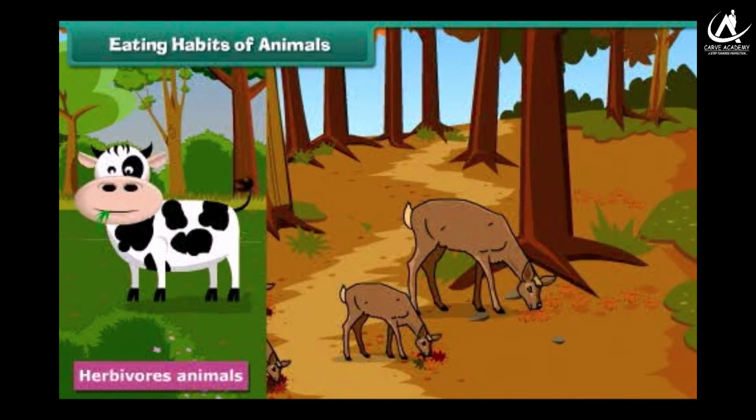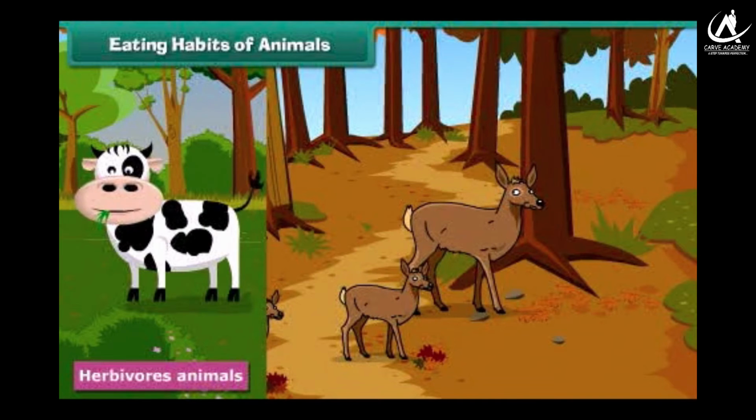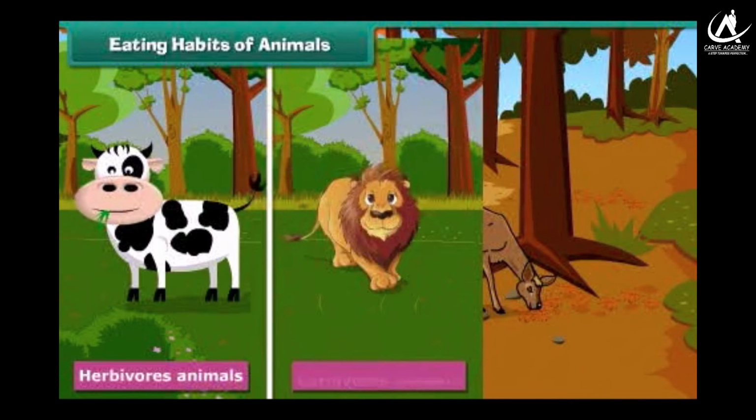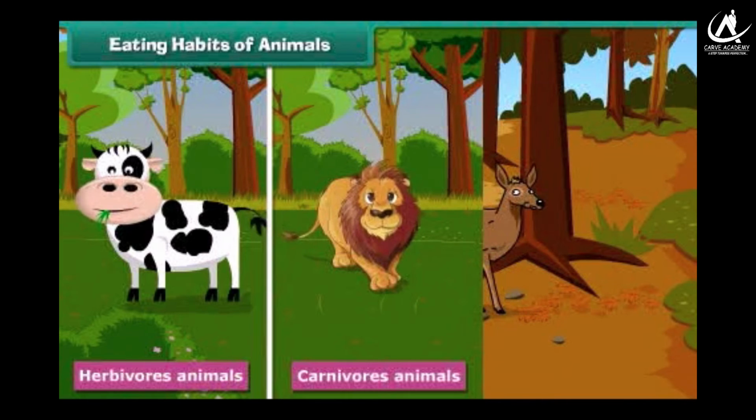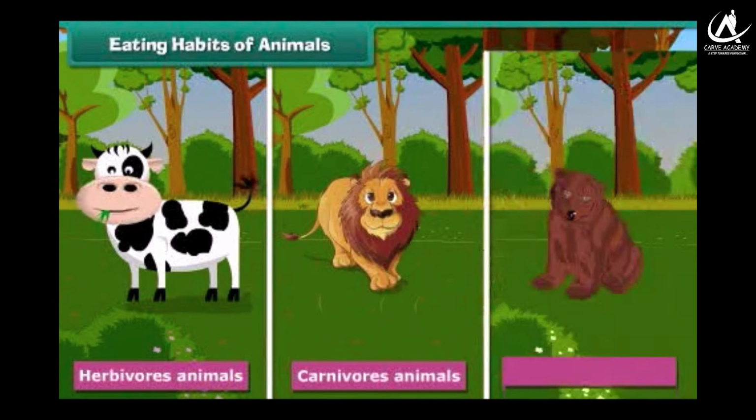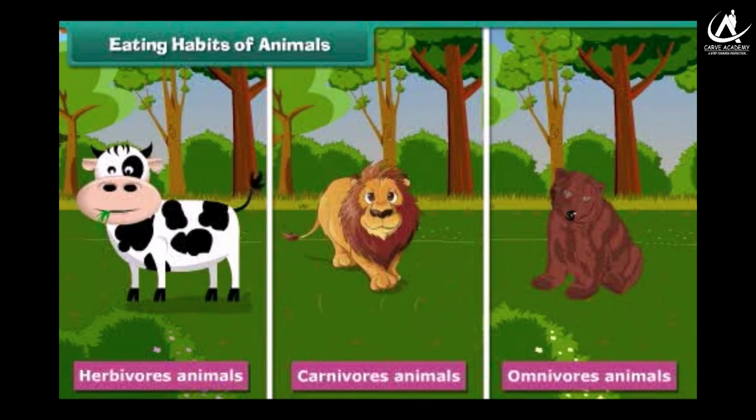Cow, goat, and buffalo are examples of herbivorous animals. Carnivorous animals eat flesh with their sharp, pointed, and strong teeth. Lion and tiger are examples of carnivorous animals. Omnivorous animals eat both plants and flesh. Bear and crow are examples of omnivorous animals.